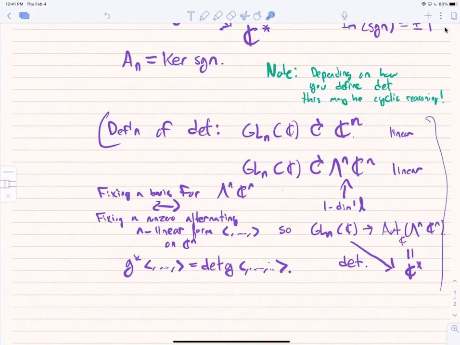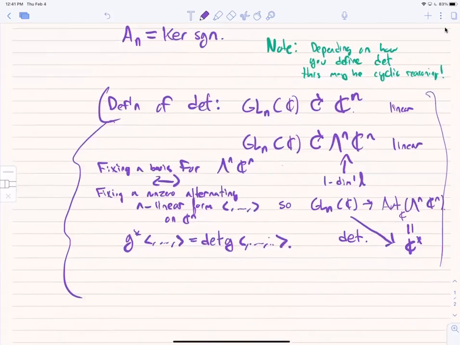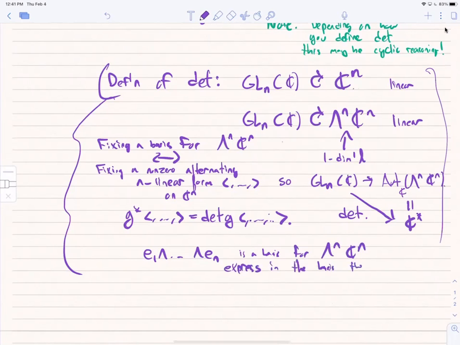And if you think about that again, if you fix a basis, and you use an e1 wedge, again, this is a basis of the nth wedge power of C to the n. And if you express this in the basis, then you're really just getting the expression in terms of columns.